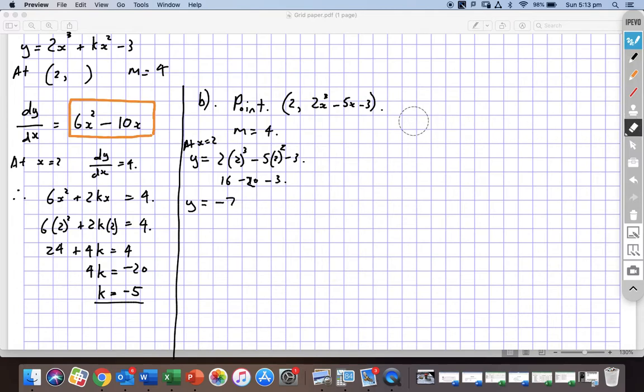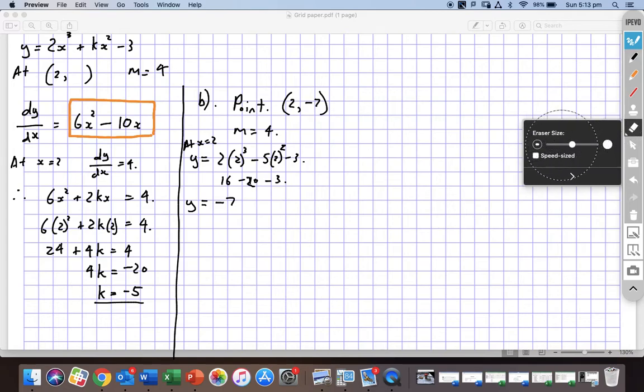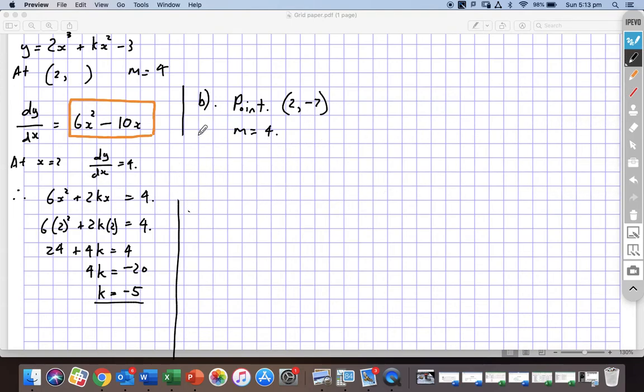Right. So I now have my point. It was minus 7. Okay. And I'm going to make a bit of room. Keep all this on the same bit. That'll do. Okay. So this is the way I find the equation of the line. I just use the formula for gradient. So I say the change in y, y plus 7, over the change in x, x minus 2, equals the gradient.